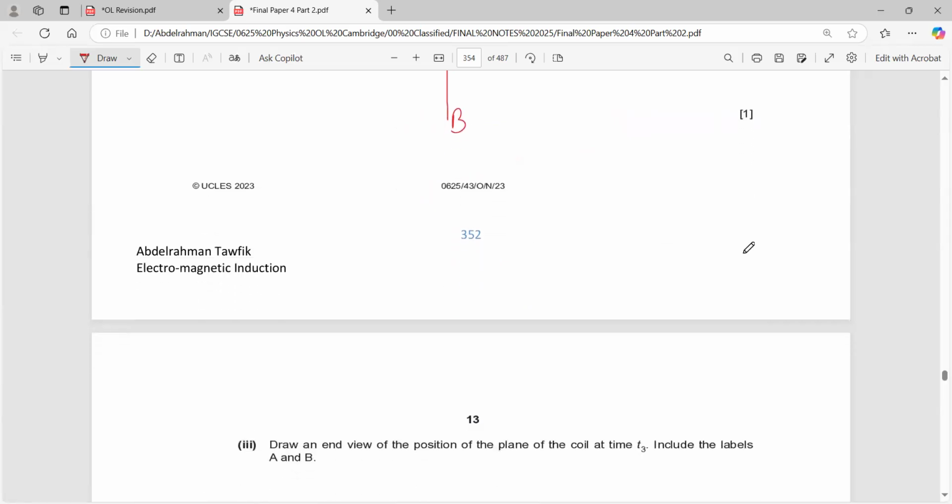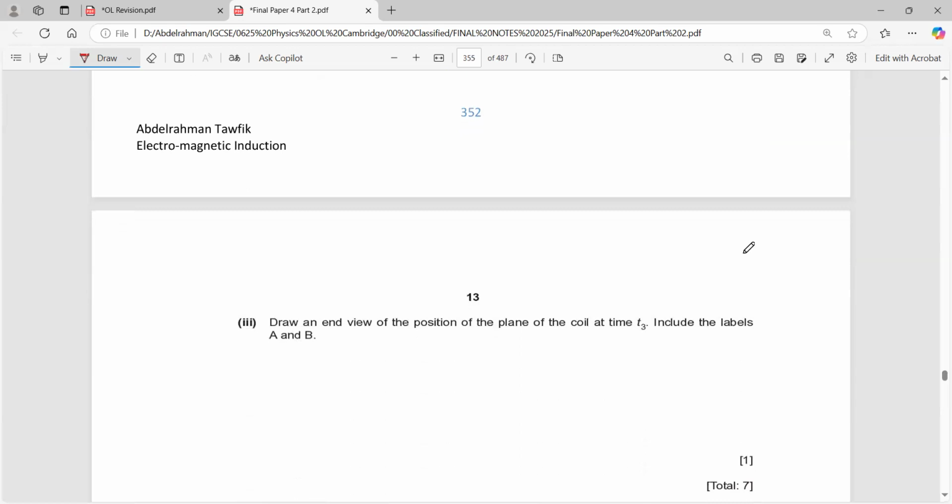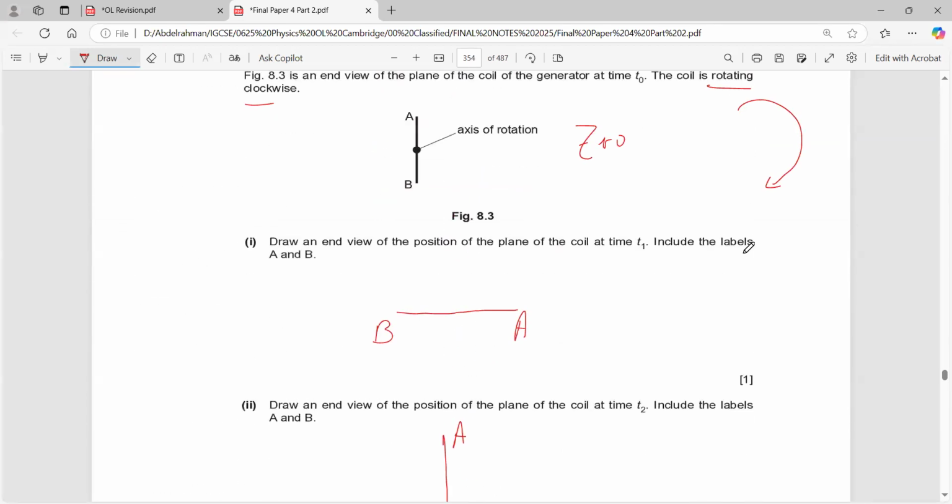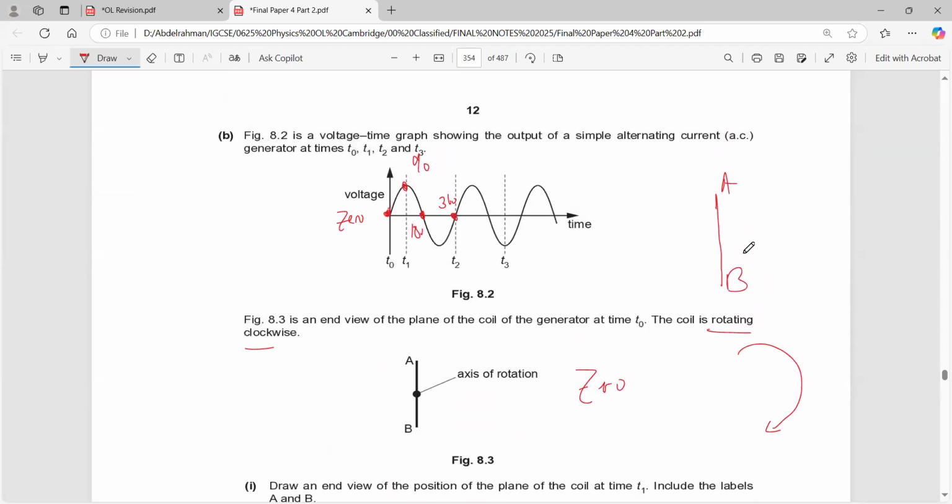Question triple I, draw an end view of the position at time T3. At T2, I have completed a complete rotation. At this point, another 90 degrees. At this point, another 180 degrees. At this point, another 270 degrees. Meaning that I have completed 3/4 of a rotation.